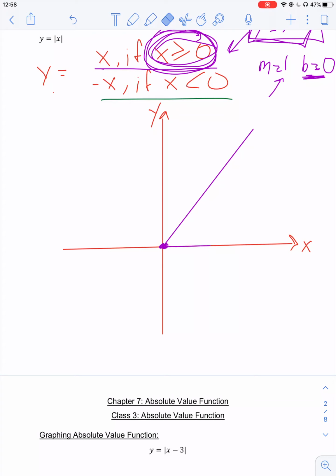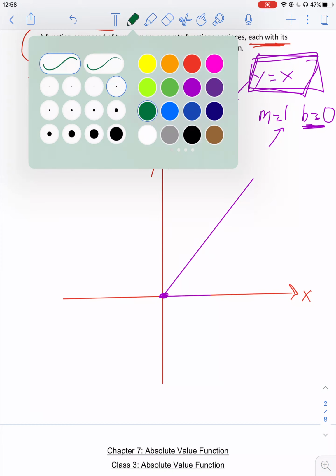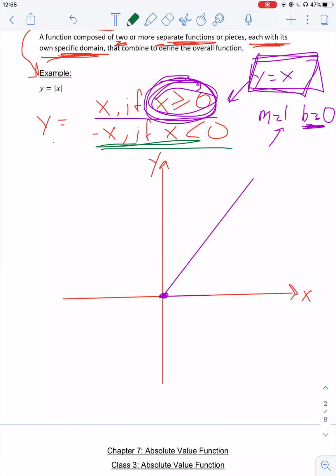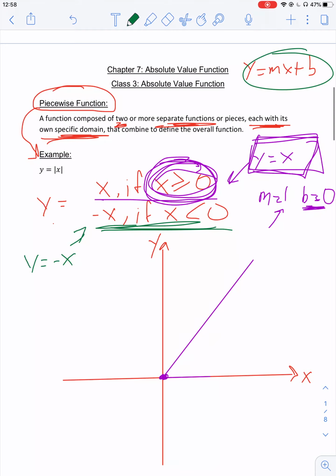Now, what do you need to do next? You have to graph the second piece. I'm going to do that in green. So this is the function y equals minus x, and using the same logic, if you compare this to mx plus b, you can convince yourself that the slope here is -1 and that the b value is 0, okay?